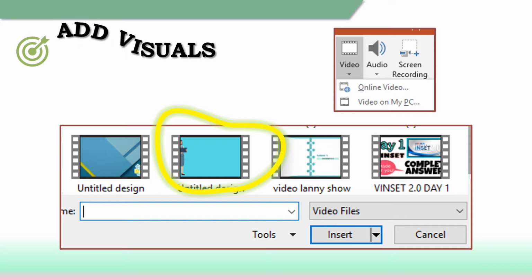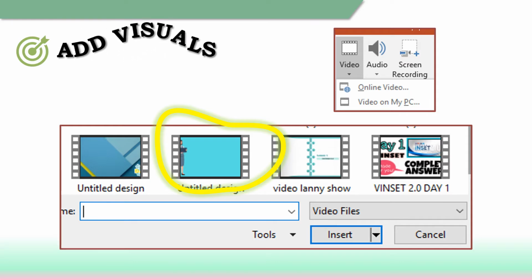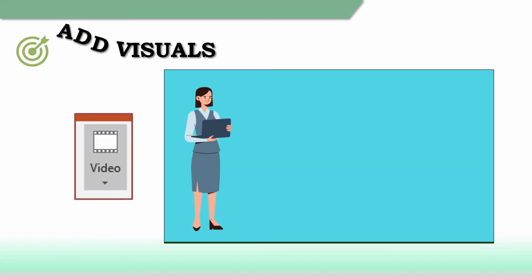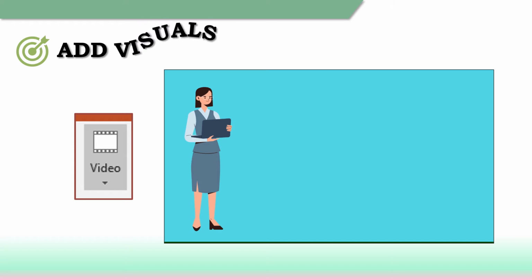As you can see, this is the video that I need to insert in my slide. I will click that video and then I will click insert. And this will appear on the page or on my slide, the video.